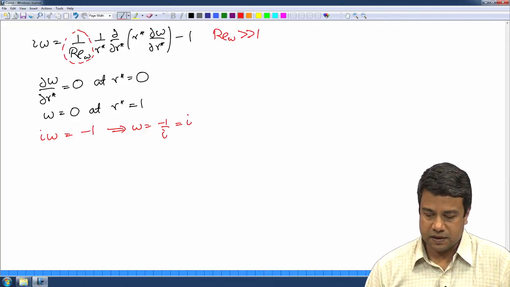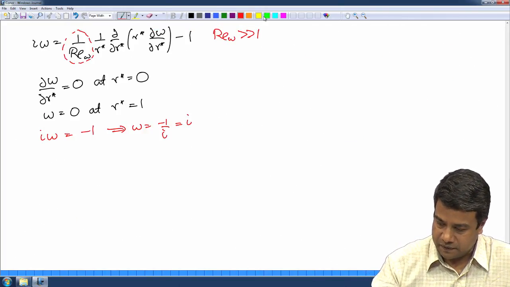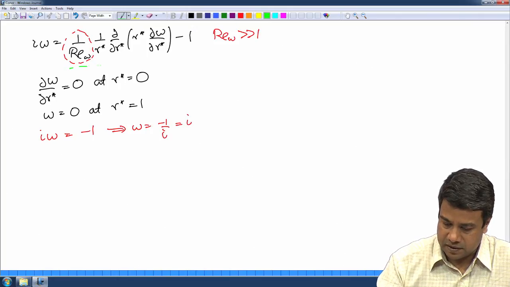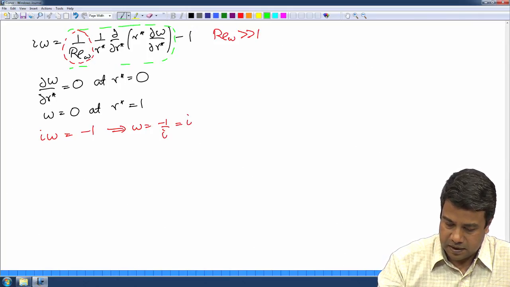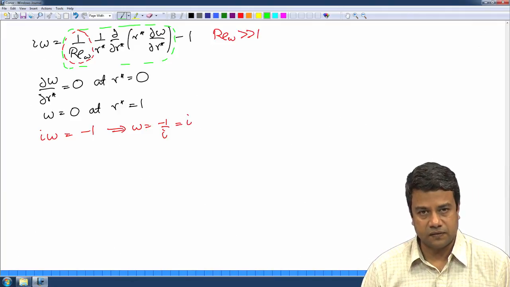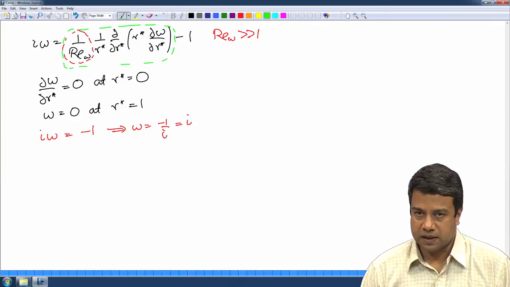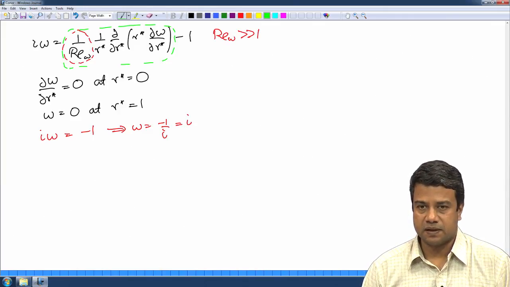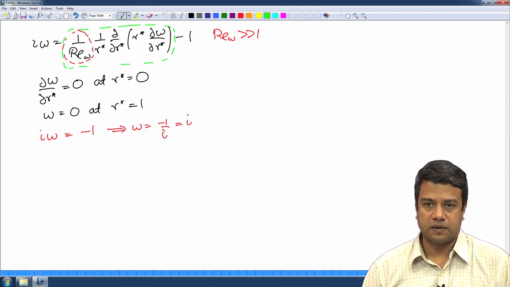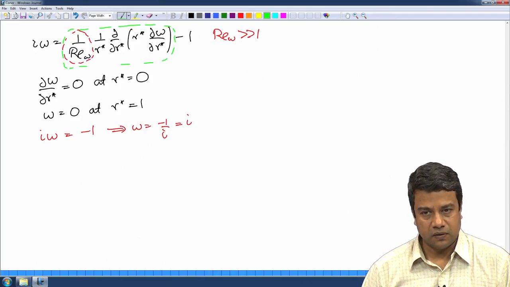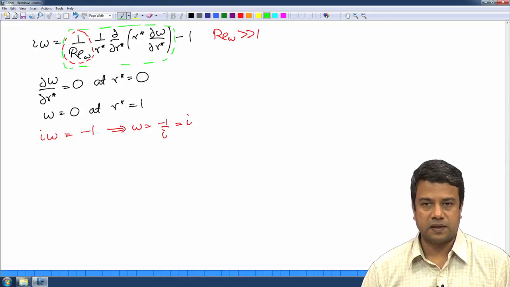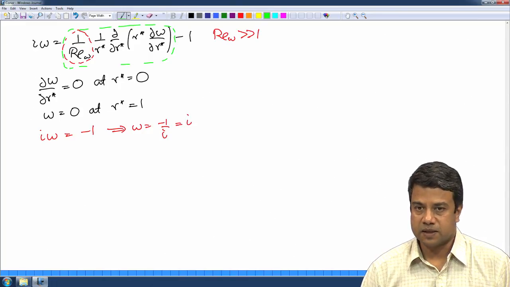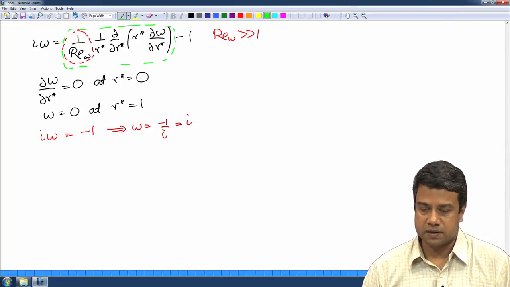Mathematically, the reason is that when I have reduced this equation, when I have neglected the highest derivative here, I have reduced this equation from a second order differential equation to a 0th order differential equation. There are no derivatives anymore, and the original equation was a second order differential equation. Therefore, I was able to satisfy two boundary conditions.